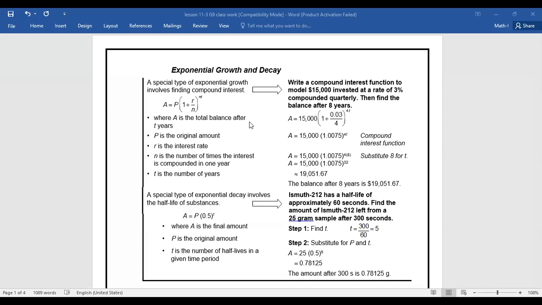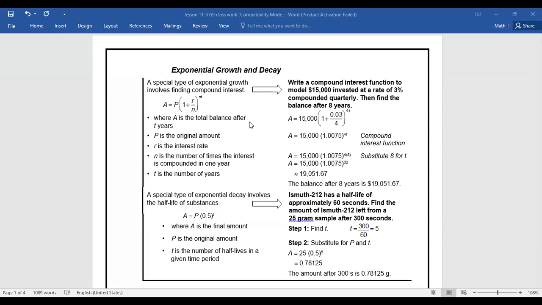Let's move to the next part of our lesson today, which is a special type of exponential growth involving finding compound interest. For exponential growth, we have a special case, which is called compound interest.